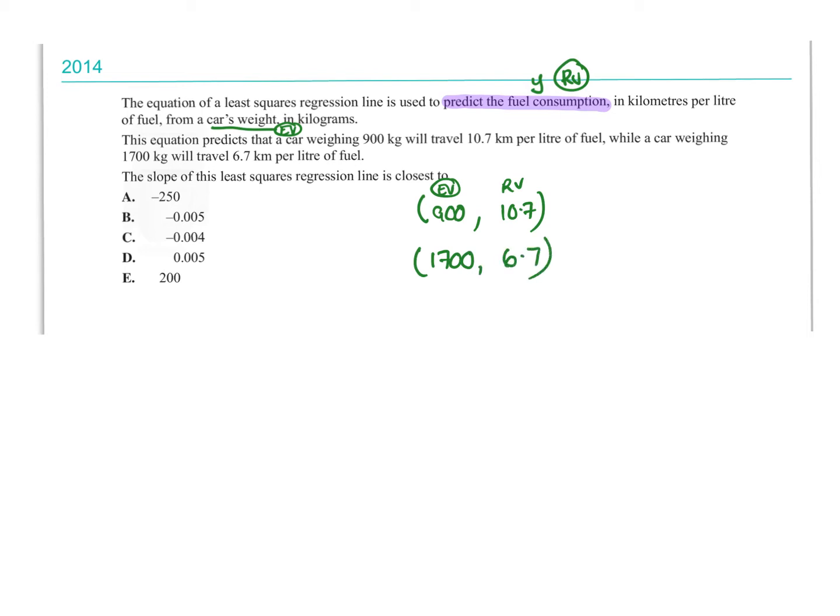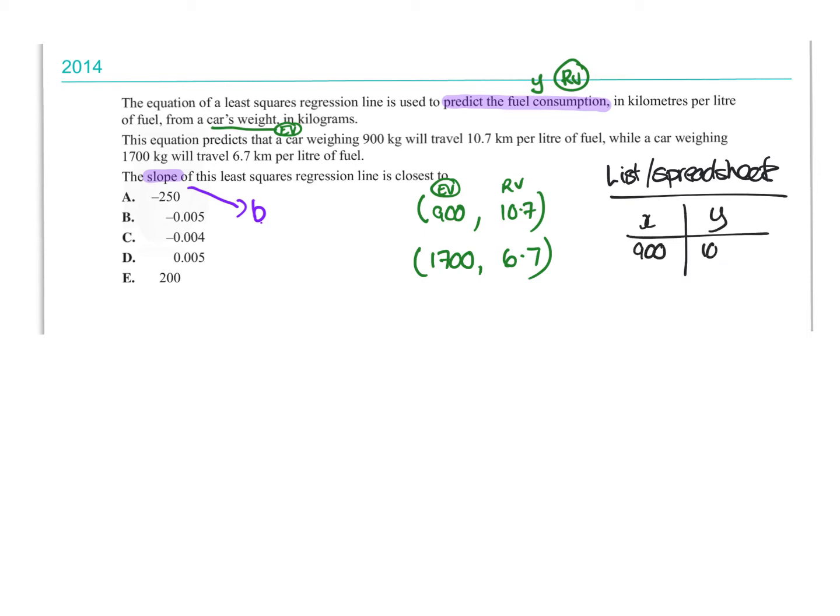Now they're asking you what is the slope. So the slope is what? What letter do we use for the slope? The B. So you can simply do what we were doing before when we were trying to get the equation. You could just pop that into lists and spreadsheets again, and like how you've got two little mini lists, you could just put your X and your Y, and we do the same.